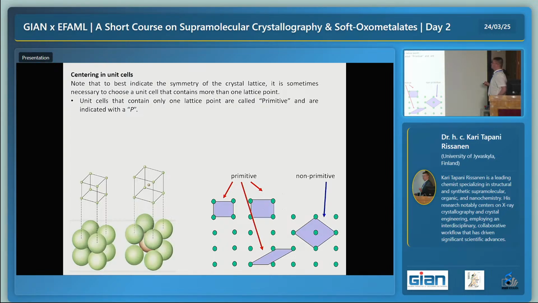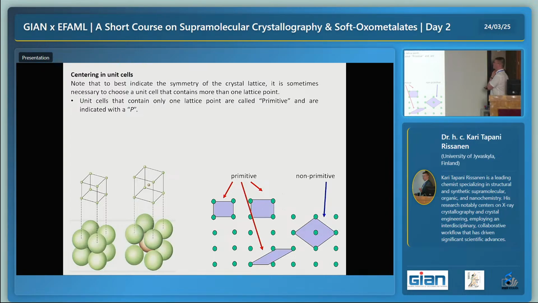The idea is that there are additional lattice points than on the corners only. So it is sometimes necessary to choose a unit cell that contains more than 1 lattice point, meaning the corner points. So we need another one to describe the whole thing. If we don't take it, we cannot have a repeatable structure. So that's the point.